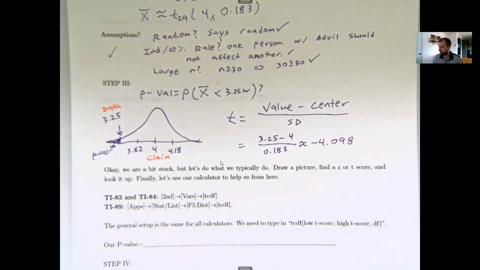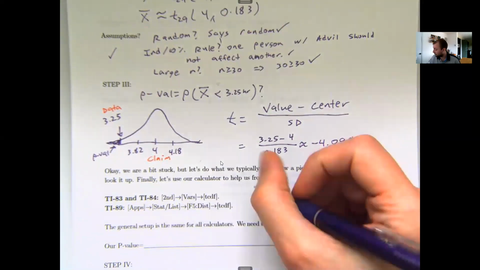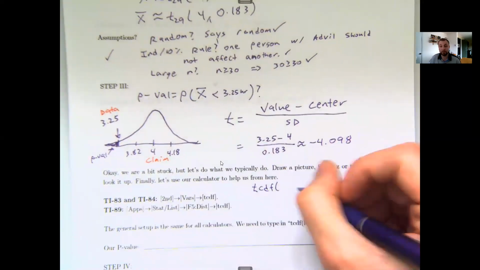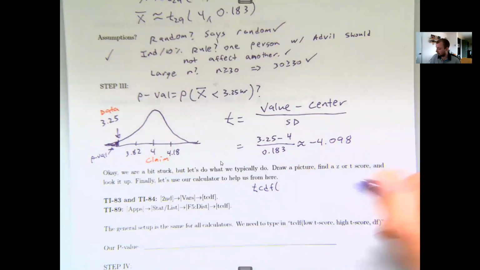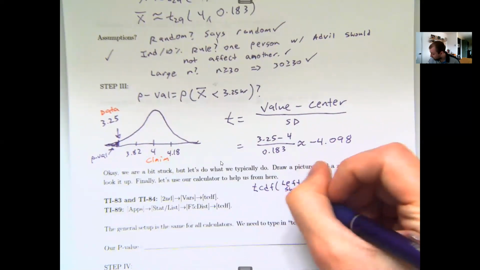But here's what I'm going to do in my calculator. If I have an 83 and 84, I'm going to hit the second button, go into my variables, and choose the option for TCDF. When I choose this option for TCDF, it's going to ask me for the lowest value that I have shaded in. This is the leftmost part that is shaded.